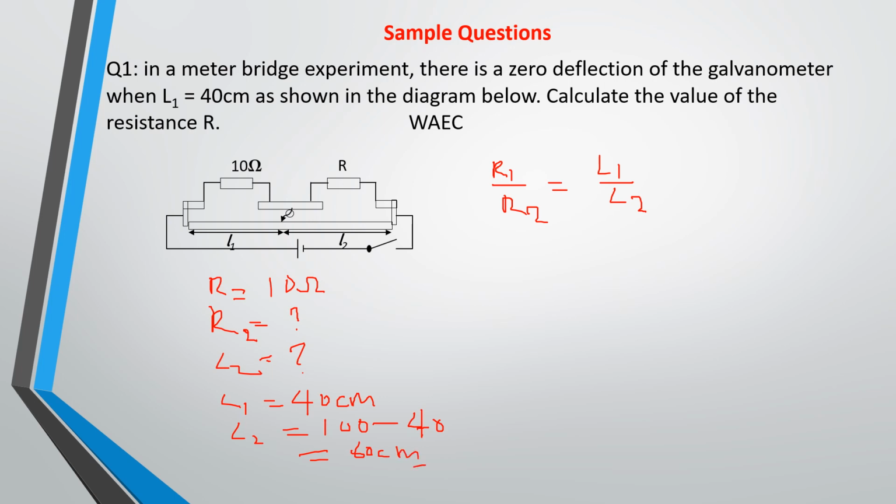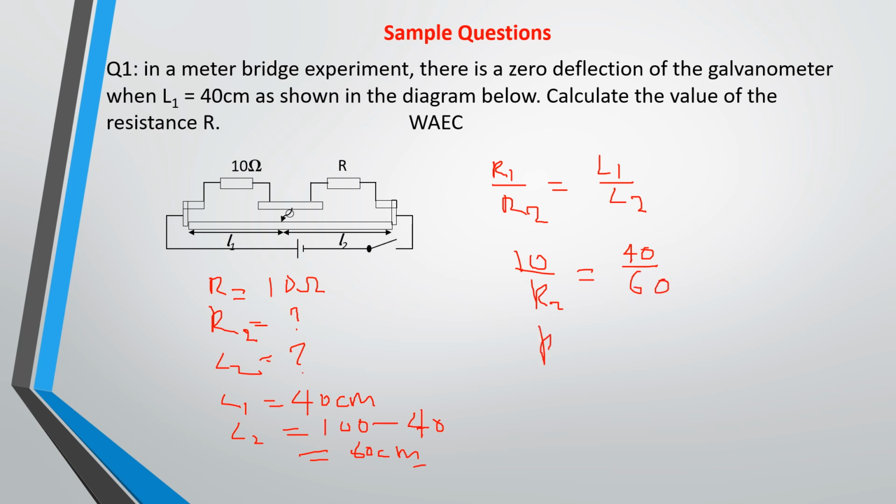L2 is this. So from this formula that we have, we can just substitute to get our R2. So you have 10 over R2 is equal to L1, which is 40, over what? 60.